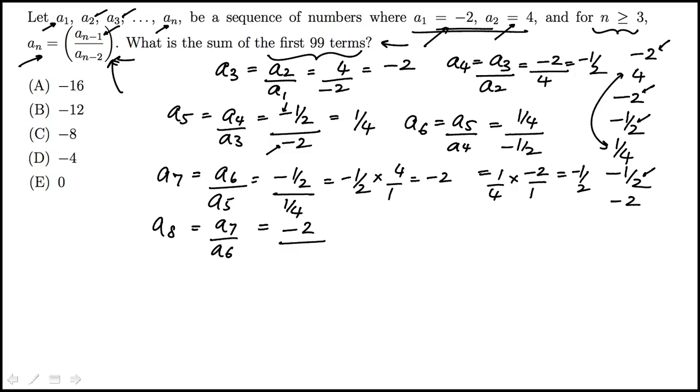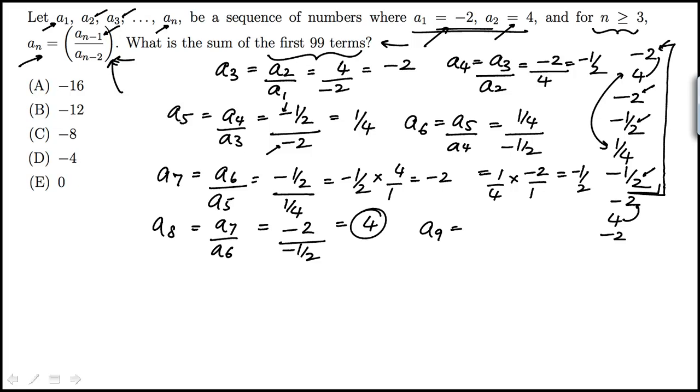A7 is -2, and A6 is -1/2. So that becomes 4, because you'd multiply it by 2 over -1. And then A9 would be 4 divided by -2, kind of similar to that, would be -2. So we'll start to repeat that pattern.